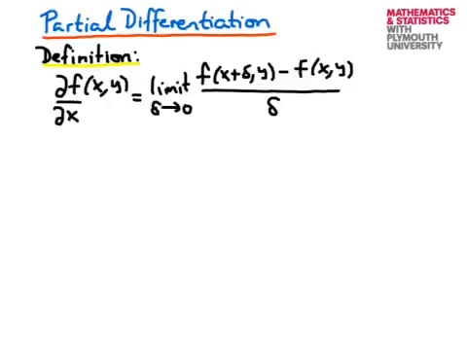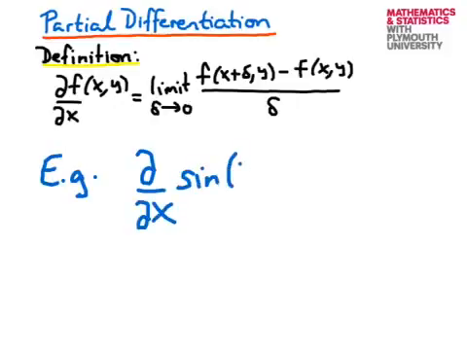So, for example, if I was to calculate the derivative, let us say, with respect to x, of the sine of x squared y, then the y here may be viewed as a constant because we are differentiating with respect to x.